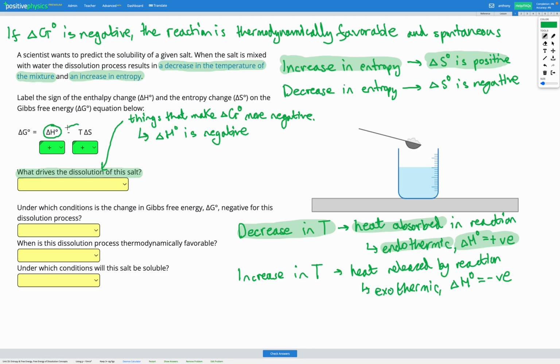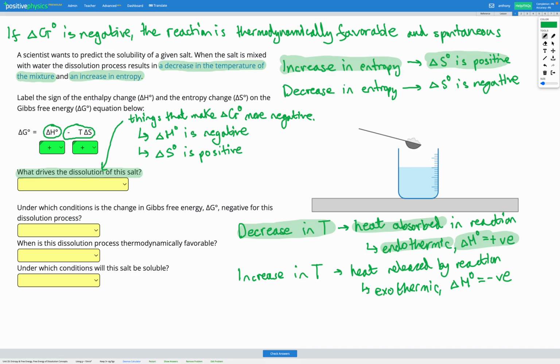Then we also have minus T, the temperature, times delta S. Remember, the temperature is always going to be a positive number because it's measured in Kelvin, and that scale starts at 0 and goes up. If we're subtracting something positive, that means overall we have a negative number making delta G more negative. So if delta S is positive, we're then subtracting a positive number, making delta G more negative.